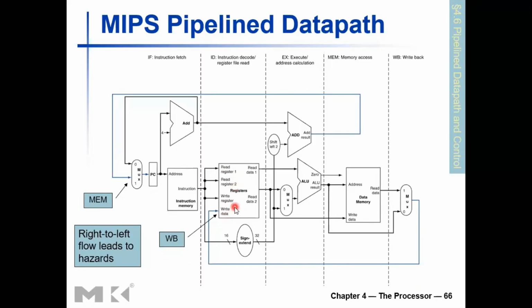The same register file is used in the write back stage to write the result, as well as by the instruction decode stage. The result may be the output of the memory if you're reading, or the output of the ALU if it's a computation.